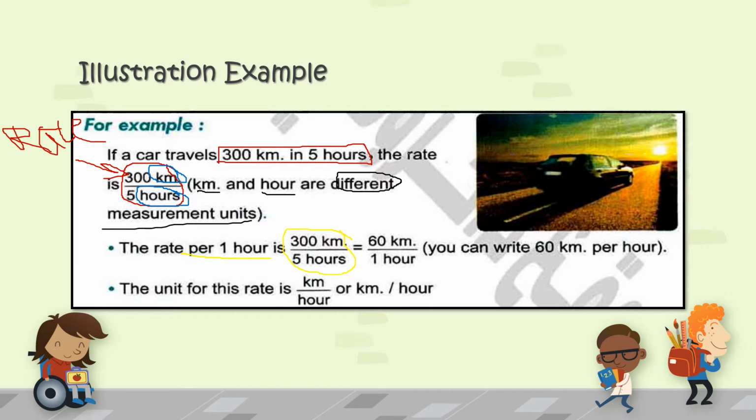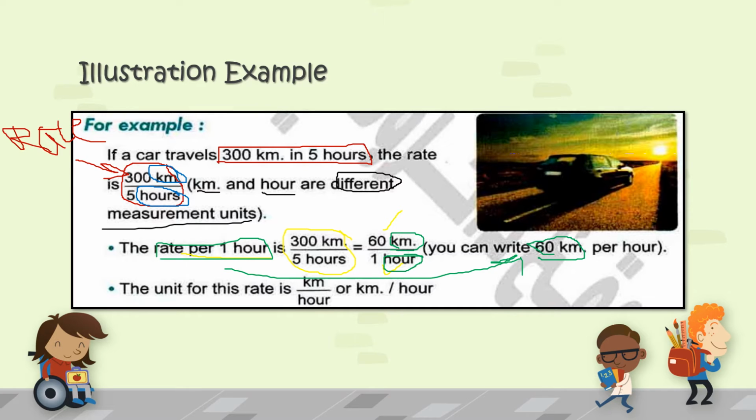So 300 divided by 5 is 60, and 5 divided by 5 is 1, so 60 kilometers over 1 hour. And you can write this as just 60 kilometers per hour, because any number divided by 1 is going to be the same number. So now we have the rate per 1 hour is 60 kilometers.